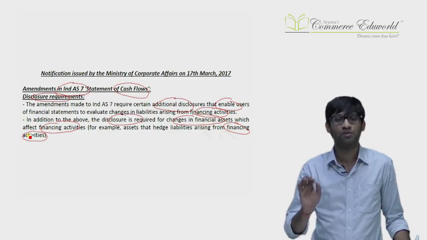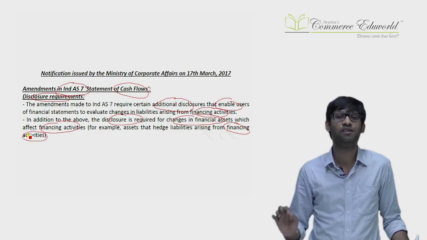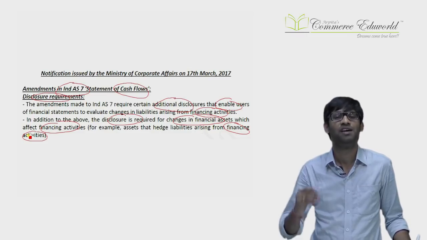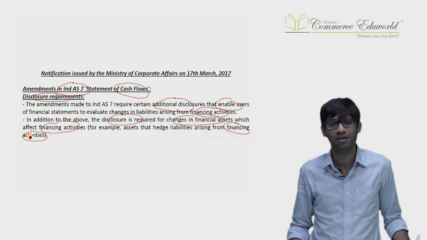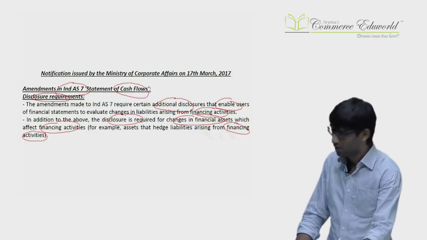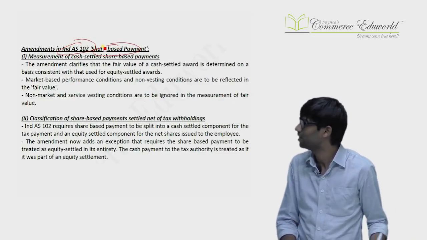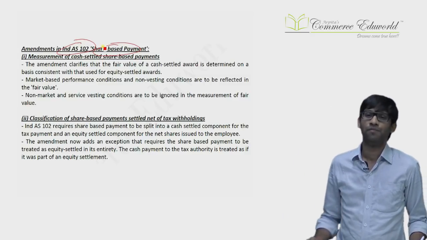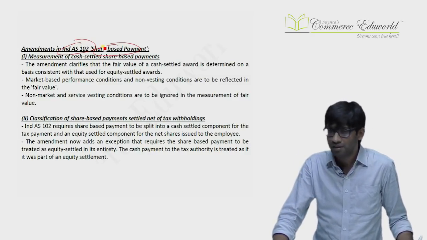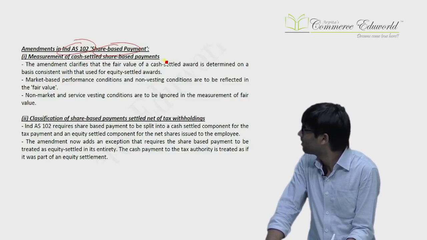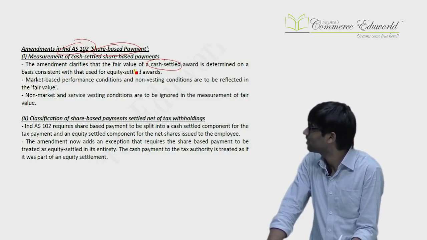Conclusion: there is a small amendment only in disclosure requirement in case of IND AS 7, which requires additional disclosures to be made. Clear? Next amendment is regarding IND AS 102, that is share-based payment. In share-based payment there are two types: one is cash settled and the other is equity settled.